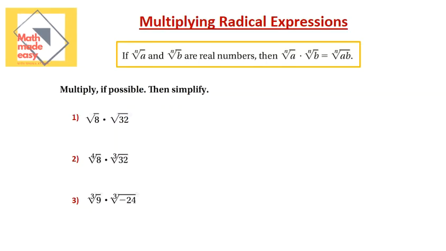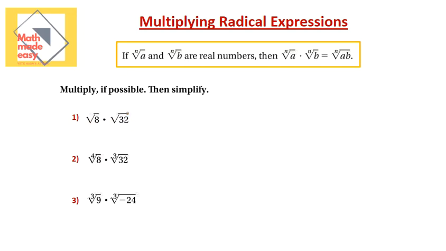Now, for the first example, we will be dealing with multiplying radical expressions with only numbers. Then, in the next question, we will look at what if we have variables. I have here a square root of 8 and a square root of 32.